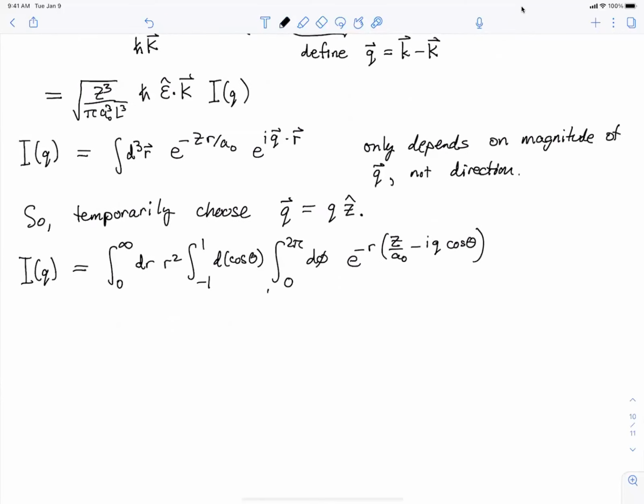The easy part is the phi integral. Nothing depends on phi, so that's just going to give us a factor of 2 pi. And then it's hard to know at this point whether you should do the r integral next or the cosine theta integral next. Actually, you can do it either way, but I happen to know that doing the cosine theta integral next would be a good idea. And so let's do that.